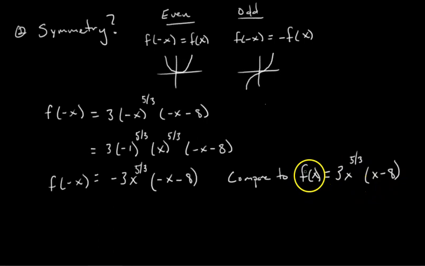So you can't just take f of x, multiply by negative 1, and get f of negative x, because there's this negative sign, but there's also this negative sign. And also it's clear to see that f of negative x right here is not the exact same as f of x. So this function has neither odd nor even symmetry.